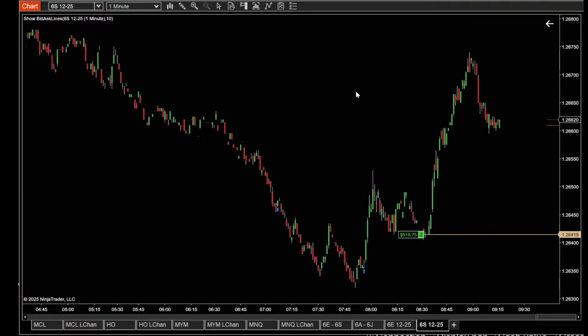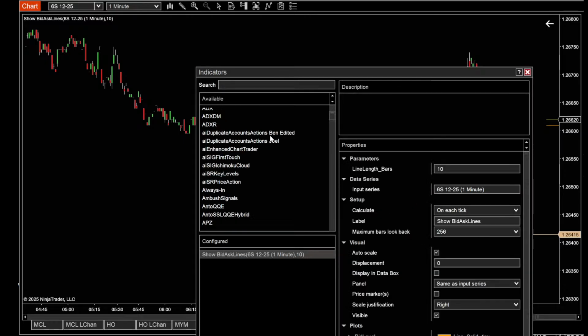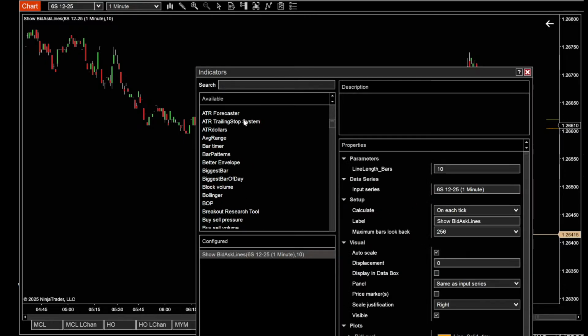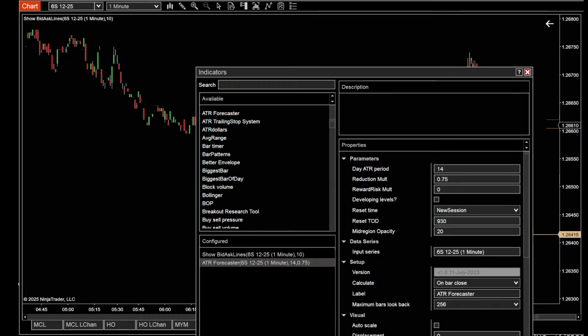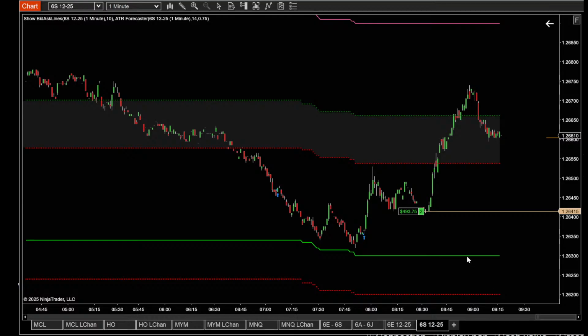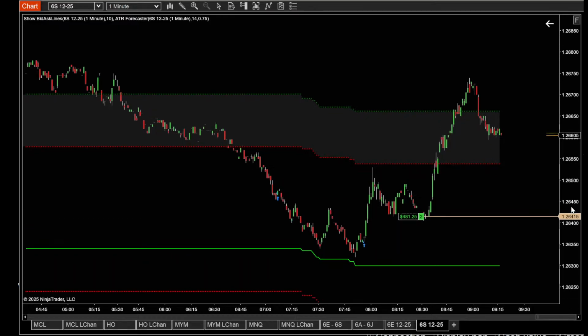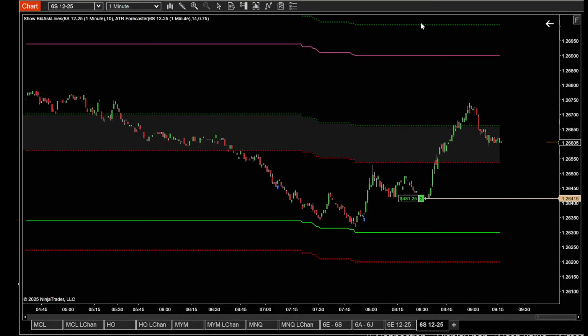So the ATR forecaster is showing us the daily ATR. That's this green line up here to the red dotted line down here. And the average range of the day is between the green and the red.